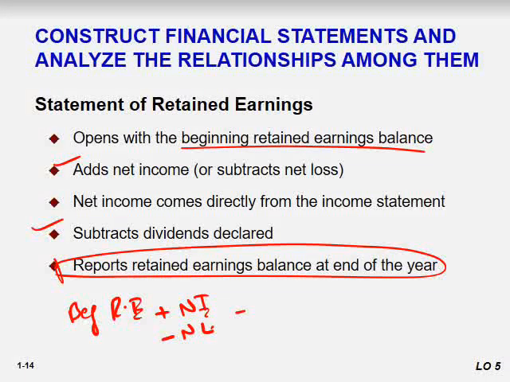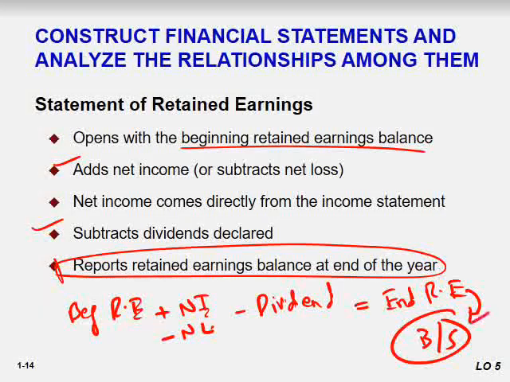And subtract anything that you distributed to the shareholders, which is dividends, which is equal to the end-of-year retained earnings or ending balance. This balance will go to the balance sheet. This is from the previous year's balance sheet. This will go to this year's balance sheet, right?